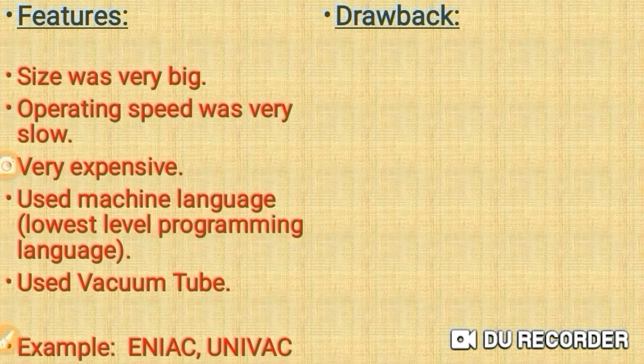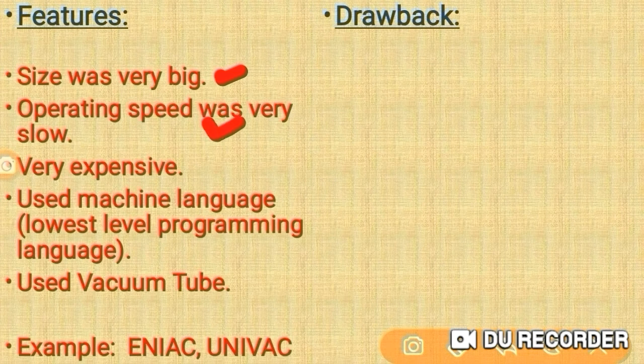Let's see the features and drawbacks of this generation of computers. First, the size was very big, operating speed was very slow, and they were very expensive. Why? Because they were using thousands of vacuum tubes.